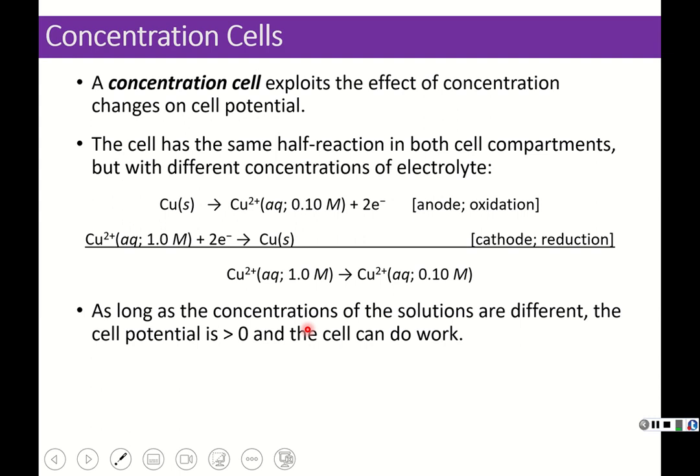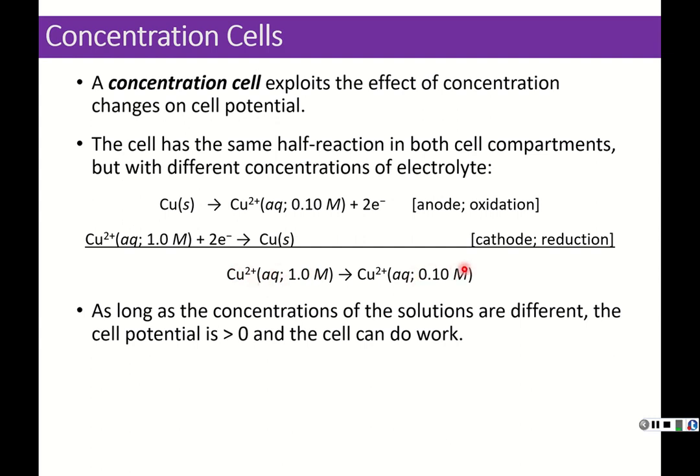So in this case, if you have copper in solution with a small 0.1 molar concentration of copper 2+, and then in the other cell you have 1 molar concentration of copper. If you use the low concentration as the anode and the high concentration as the cathode, what you get is a net movement of electrons from the higher concentration to the lower concentration.